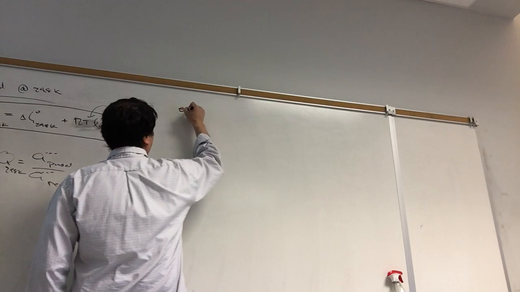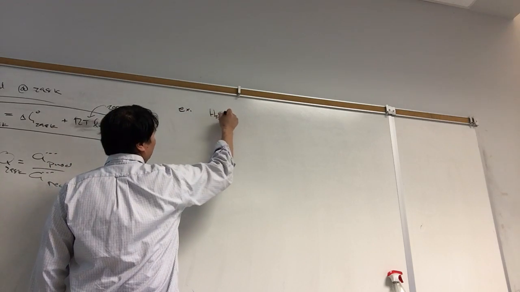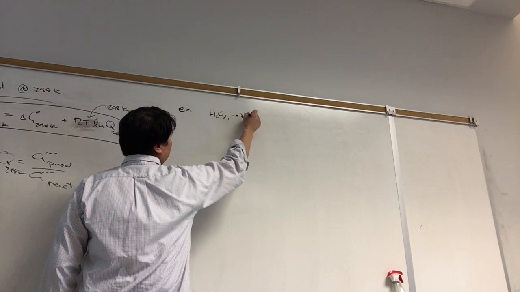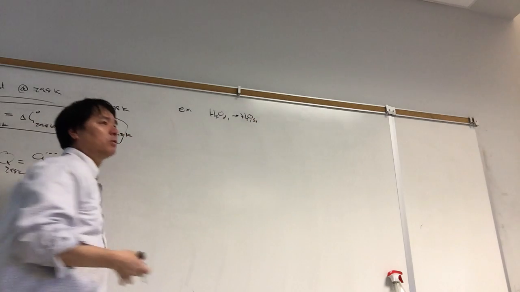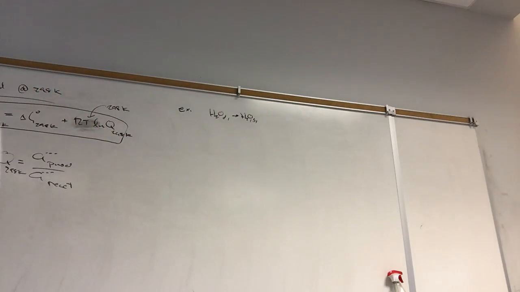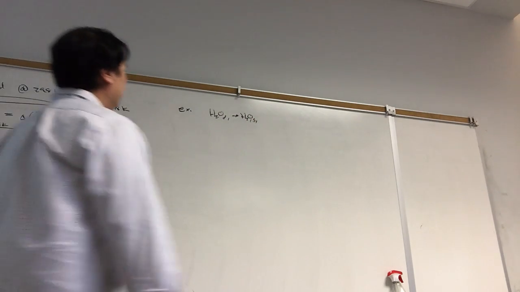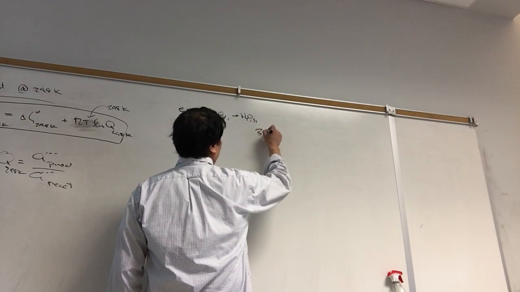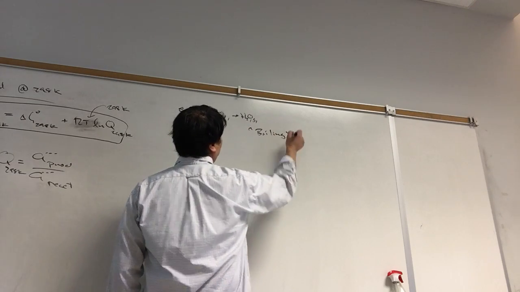So let's take a look at an example here. An example would be H2O liquid goes to H2O gas. In other words, we just vaporize the water, or this could be called boiling water.